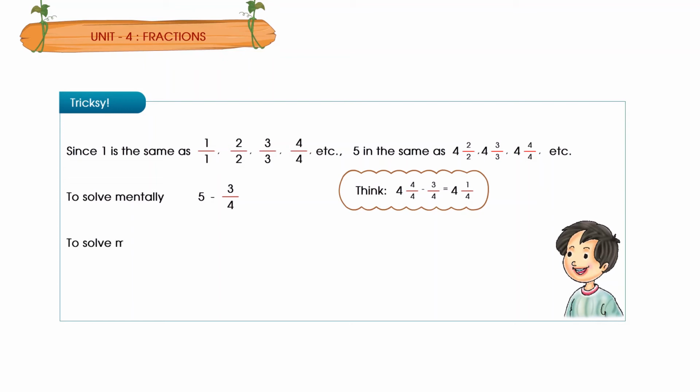To solve mentally 6 minus 1 2/7, think 5 7/7 minus 1 2/7 is equal to 4 5/7.